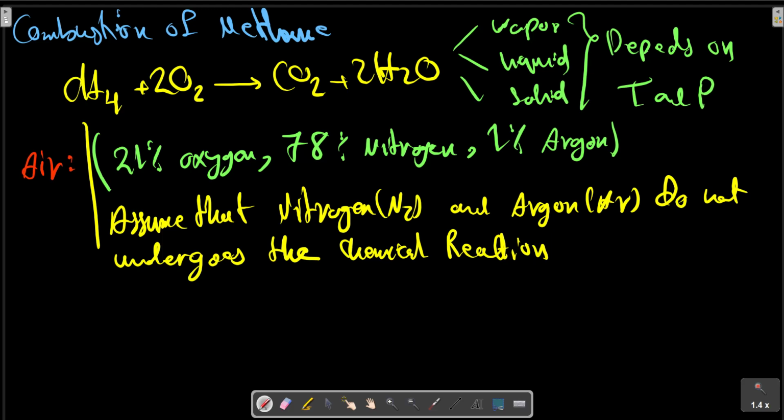At the high temperatures achieved in an internal combustion engine, there is actually some reaction between nitrogen and oxygen.